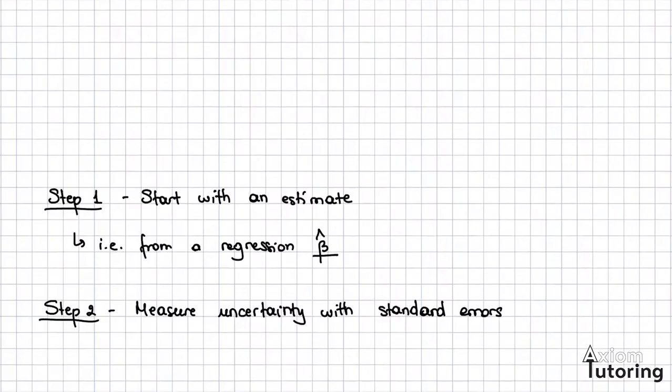The second step would be to measure uncertainty with the standard error. Because as we said, every single number hides some uncertainty behind it. So the standard error of that particular estimate will measure how much the estimate would vary across repeated samples.